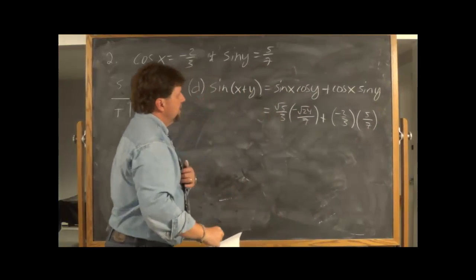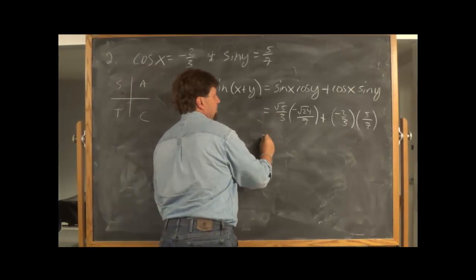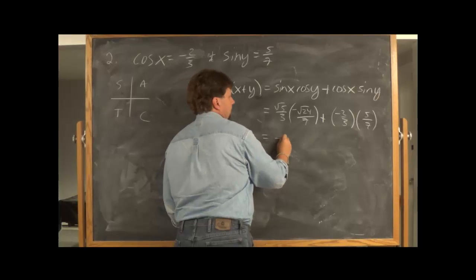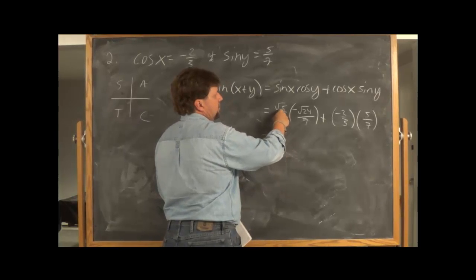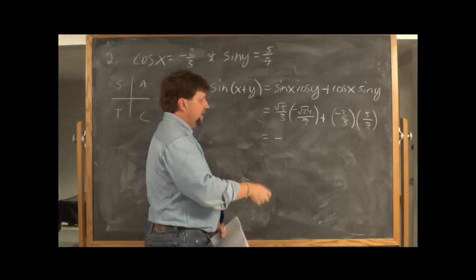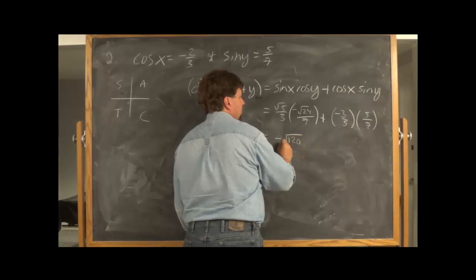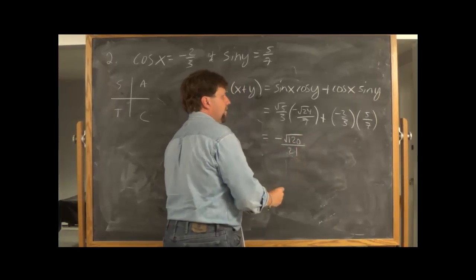So just as we did in part C, why don't we go ahead and multiply these fractions together to get negative, well, square root 5 times square root 24. 5 times 24 is 120. So that's a negative square root of 120 over 21.